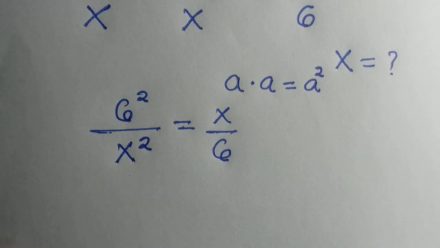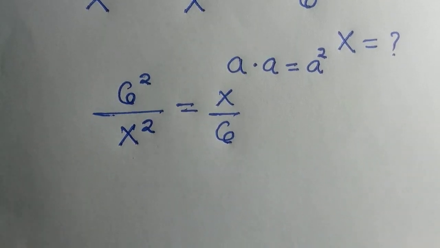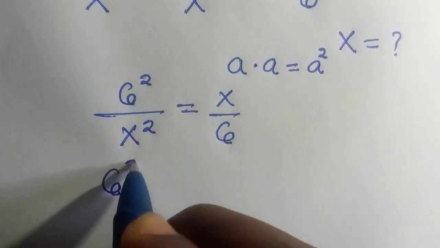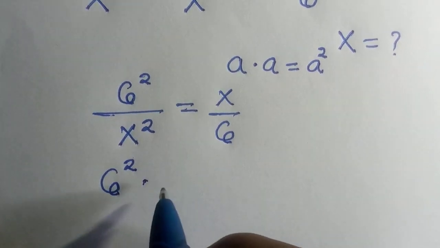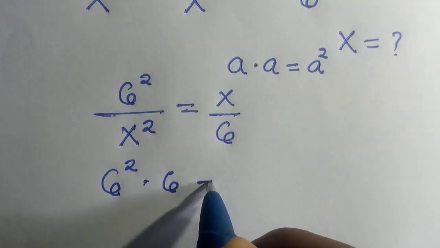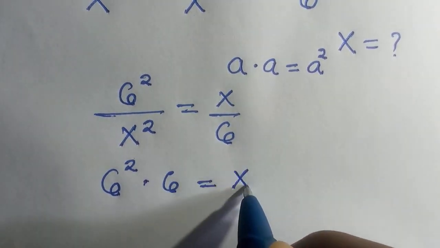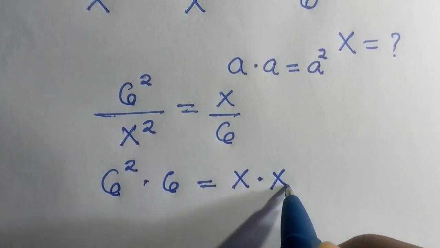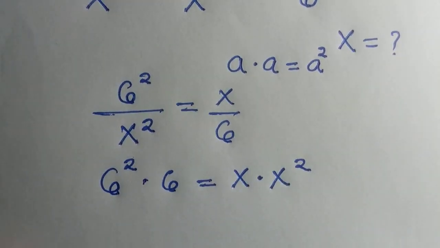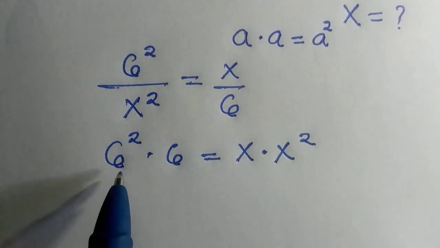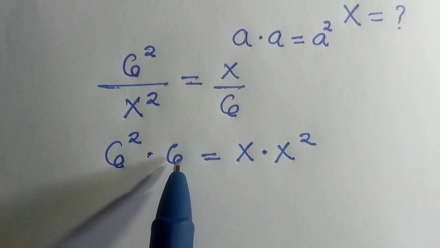When we cross multiply, we are going to have 6 multiply 6 to the power of 2, and we have 6 to the power of 2 multiplied by 6 equals x multiplied by x to the power of 2. And here is 6 to the power of 2, 6 to the power of 1.